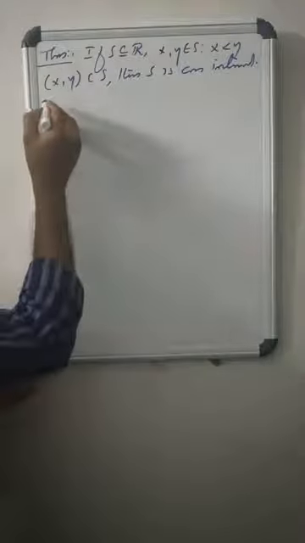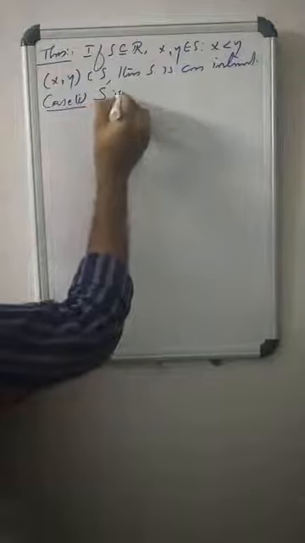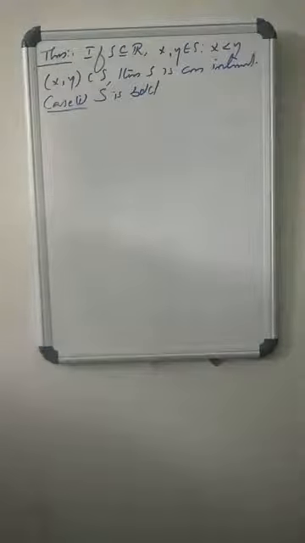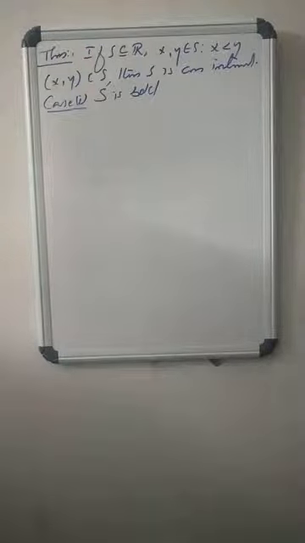So there are different cases. Case one: S is bounded. Bounded means bounded above and below. So by the completeness property, since it is bounded above, it has a supremum, and since it is bounded below, it has an infimum.